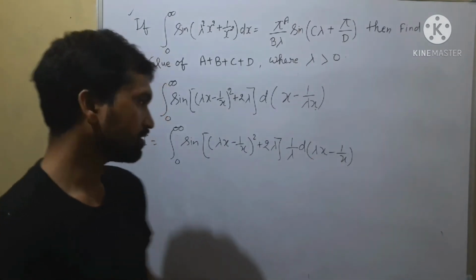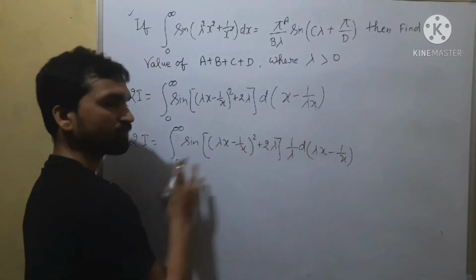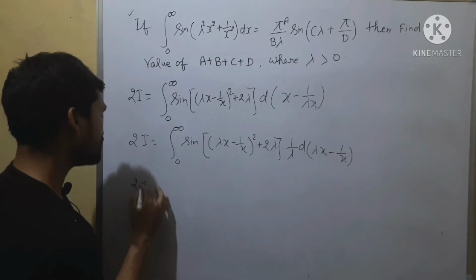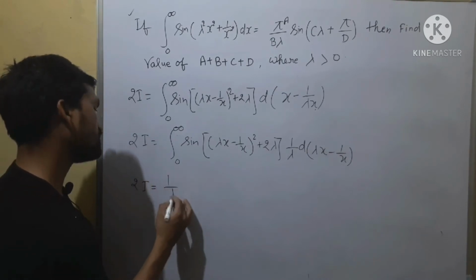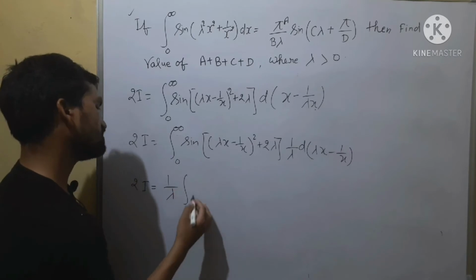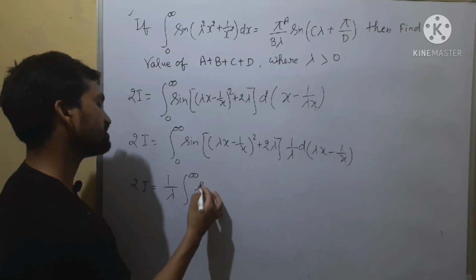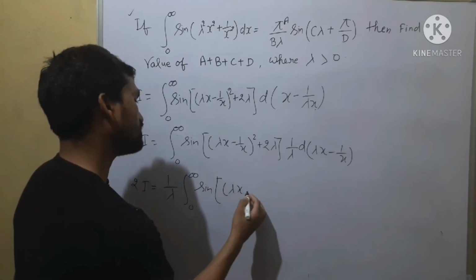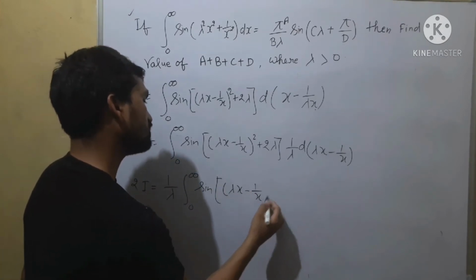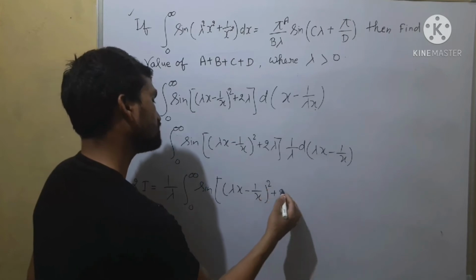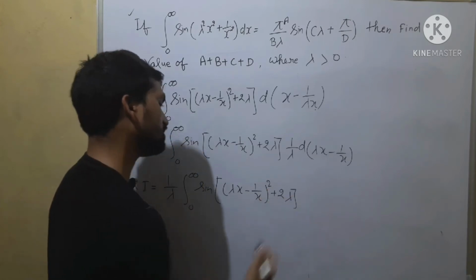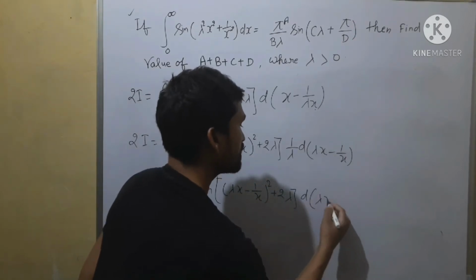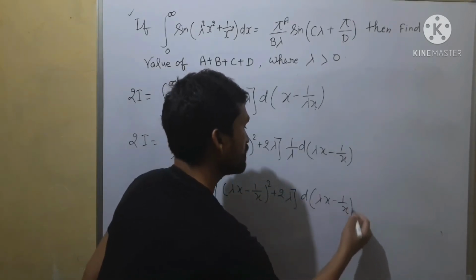Now we will take 1 by lambda outside of the integration. So it will be 2I is equal to what? 1 by lambda integration 0 to infinity of sin of (lambda x minus 1 by x) whole square plus 2 lambda into d of (lambda x minus 1 by x).